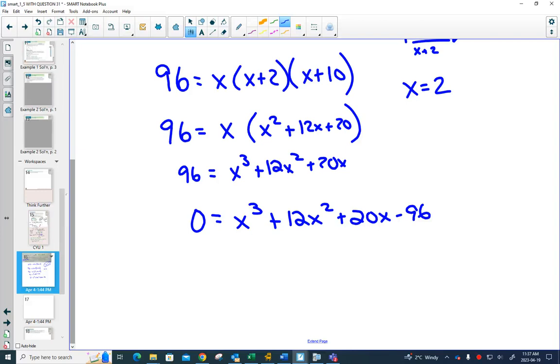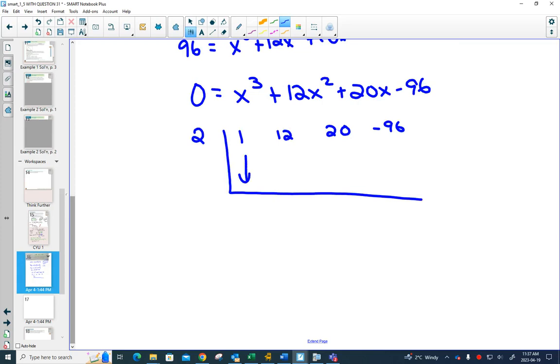With synthetic division, this is going to be 1, 12, 20, and negative 96. And if x minus 2 is a factor, we would put a 2 here, bring down the 1, multiply, add, and sure enough, multiply. Works out perfectly to a remainder of 0.